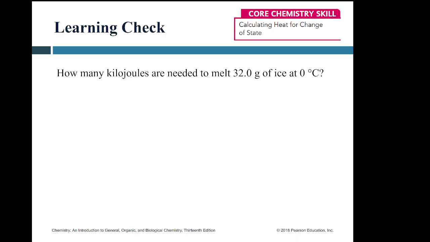So how many kilojoules are needed to melt 32 grams of ice at 0 degrees Celsius? So again, I've done the same thing, haven't I? I gave you information that you're then going to immediately use, won't you? Okay? And so I need kilojoules, right? And so which heat of fusion did I want?